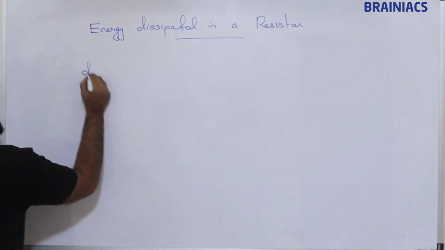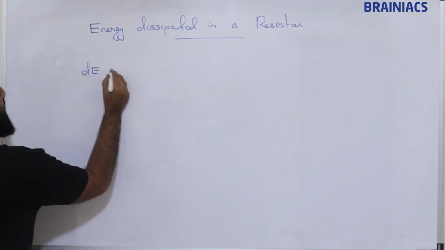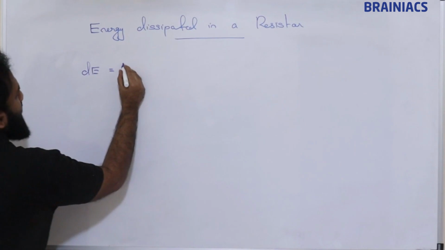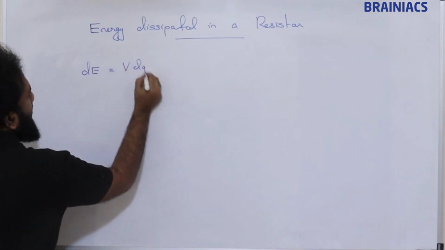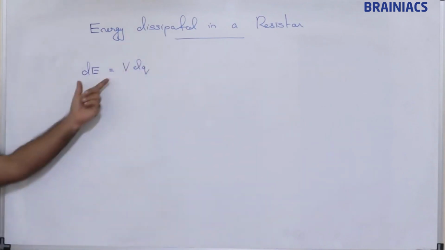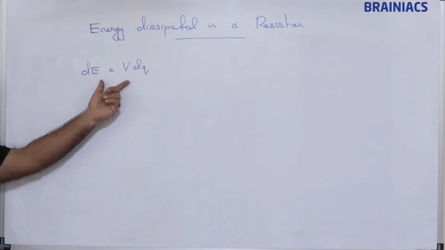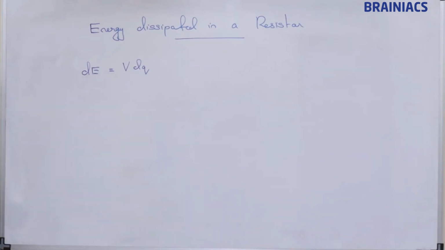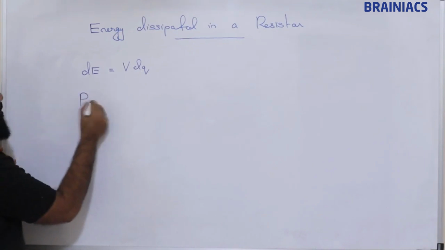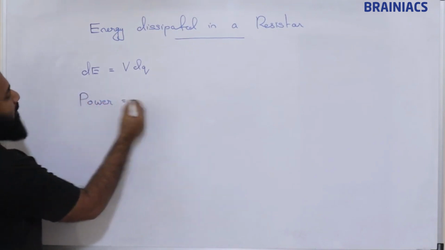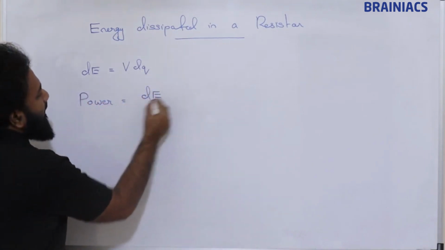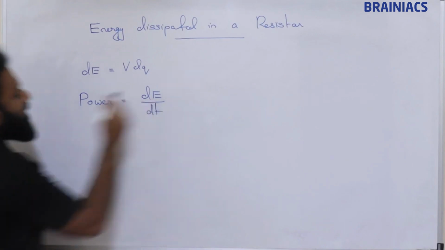So the energy dissipated in a resistor is nothing but V dq. Energy dissipated in a resistor is nothing but V into dq. So power is nothing but dE by dt.